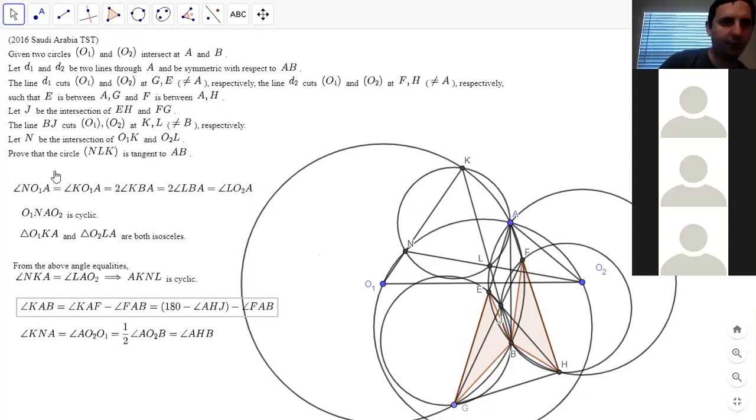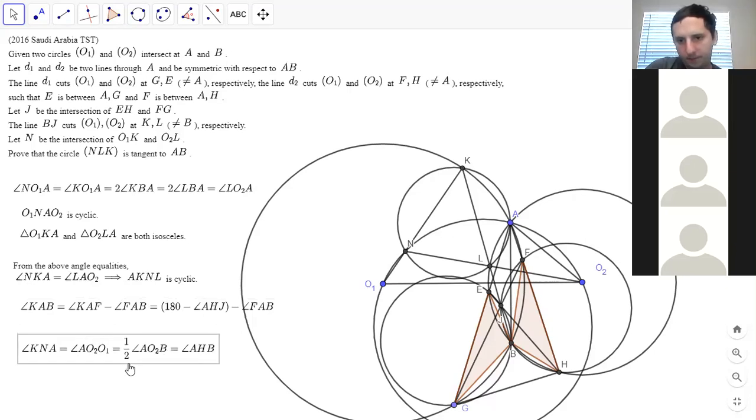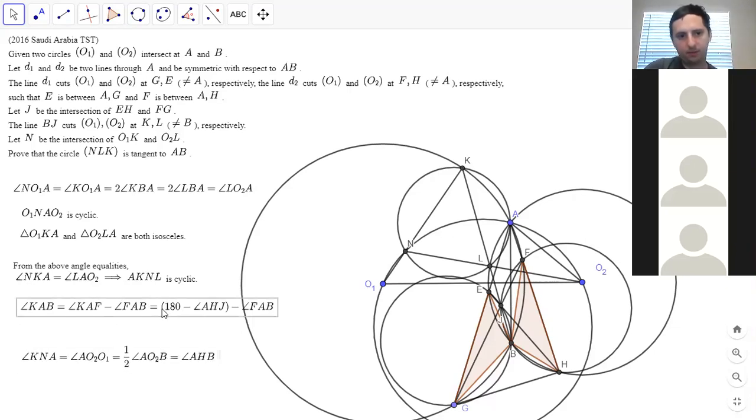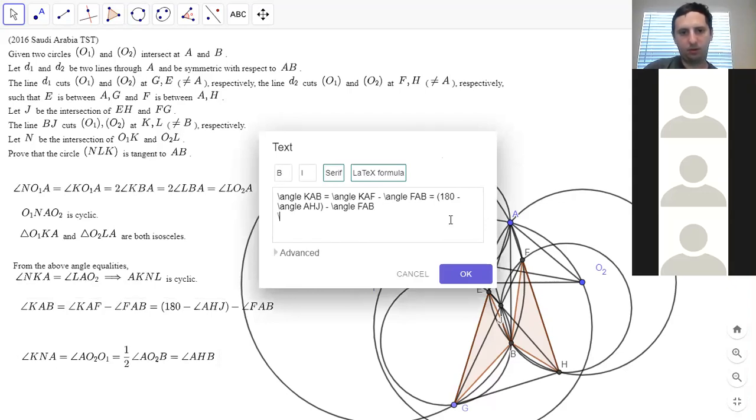Yeah, because FAB, I think I got this. FAB is HEB. And this is 180 minus angle AHJ minus angle BHE, which is 180 minus angle AHB.